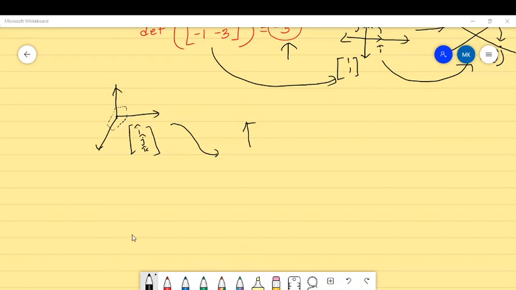All right, so it actually shows how you can work with the idea of determinants in 3D spaces. Let's see if we can have those pictures here.